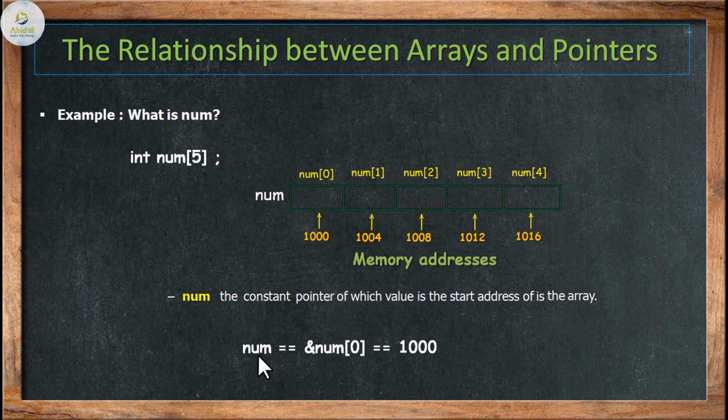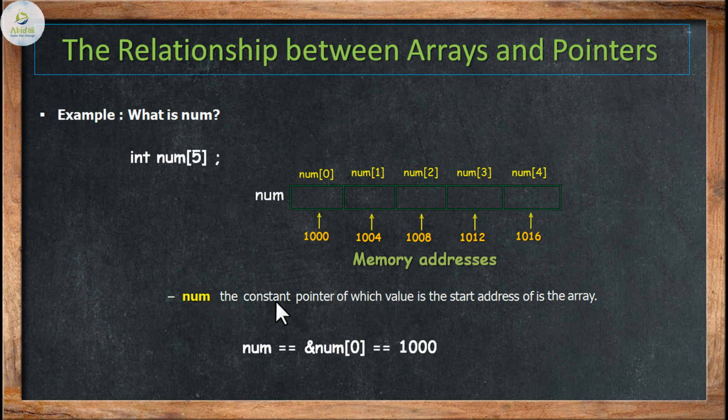When I say num, without the subscript, it denotes the address. When I want to refer to an address specifically, I can place the ampersand symbol, that is the address-of operator, and say that I want to fetch the very first address, that is index value 0. Automatically this will be taken as 0, but this is a very specific type of address that we are giving.